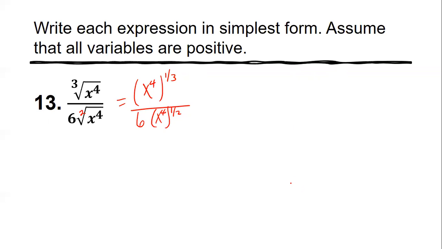If multiplication means I am adding, what does division mean I'm doing between my powers? Subtracting. So 1/6 has nothing to do with that, right? But when you are dividing, that means you are subtracting the powers.